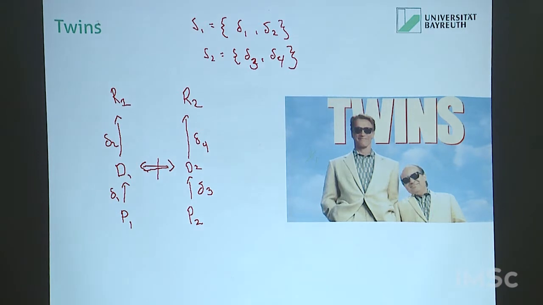So the conflict account will tell you, well, in this case, you're in a normative conflict situation. You ought to go with twin 1 and you ought to go with twin 2. So you just place yourself in a normatively very bad situation because whatever you do, you're going to violate some of your obligations, actually, right? It doesn't resolve. It just says, well, poor you. You put yourself in this case.